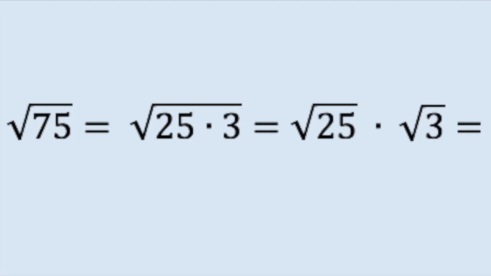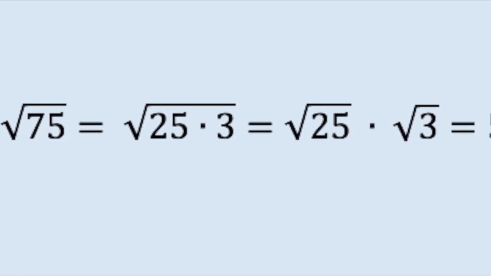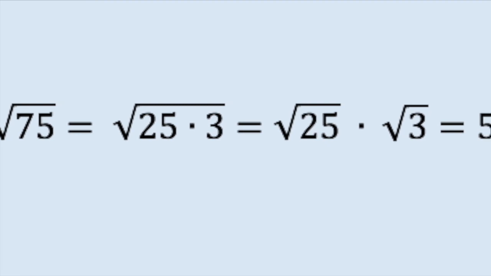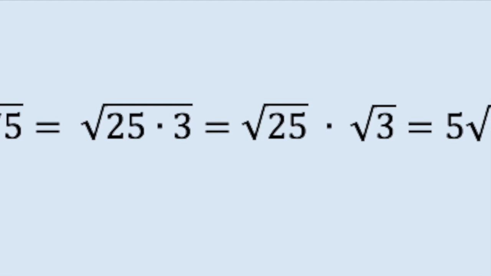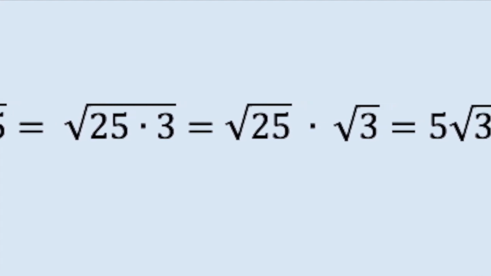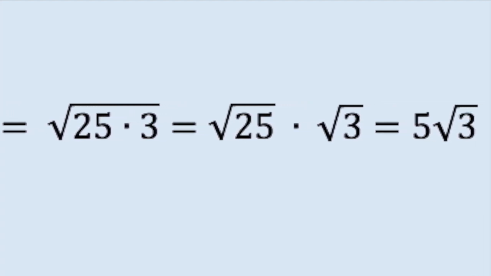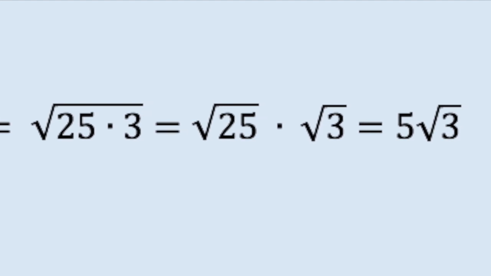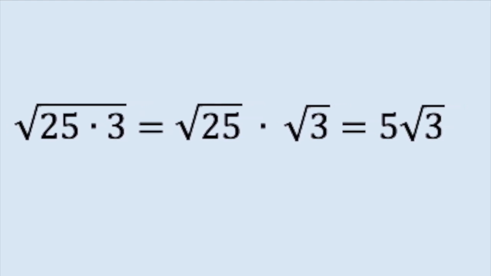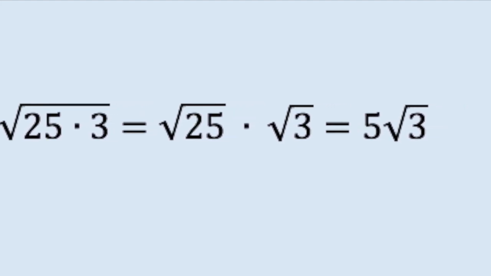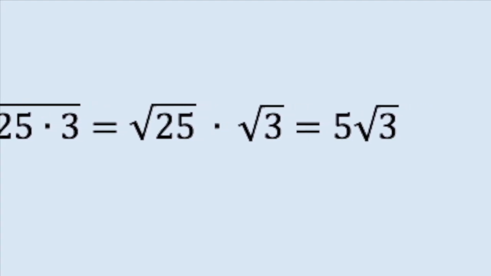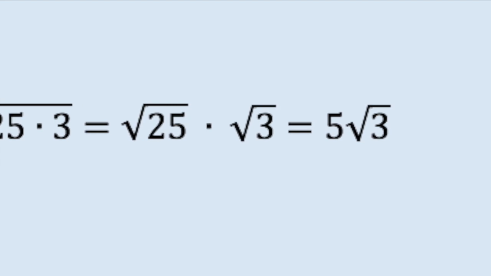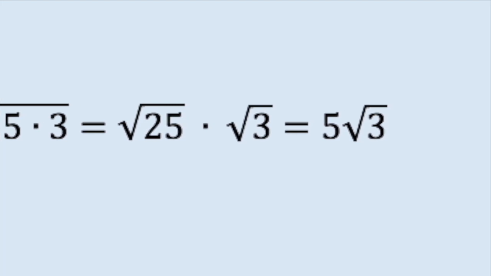And we can and like to extract this one, to take it from under the square root sign, like this. The square root of 75 is equal to the square root of 25 times 3, which is the same as the square root of 25 times the square root of 3. And so it is 5 square root of 3.